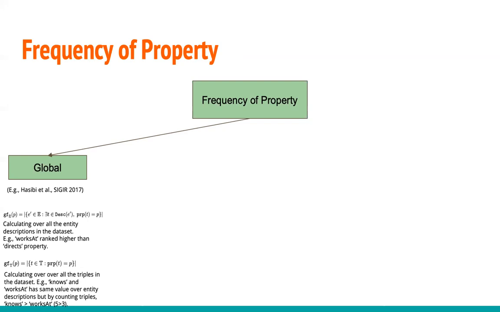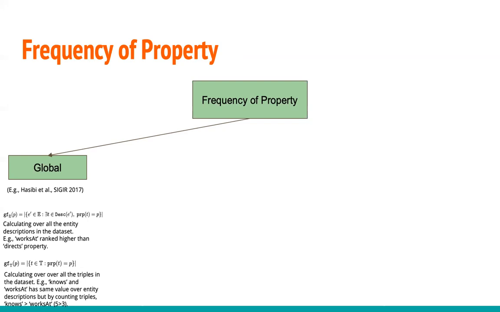For example, global means we measure the frequency of a property by looking at all entity descriptions in the data set, and how frequently that property appears.